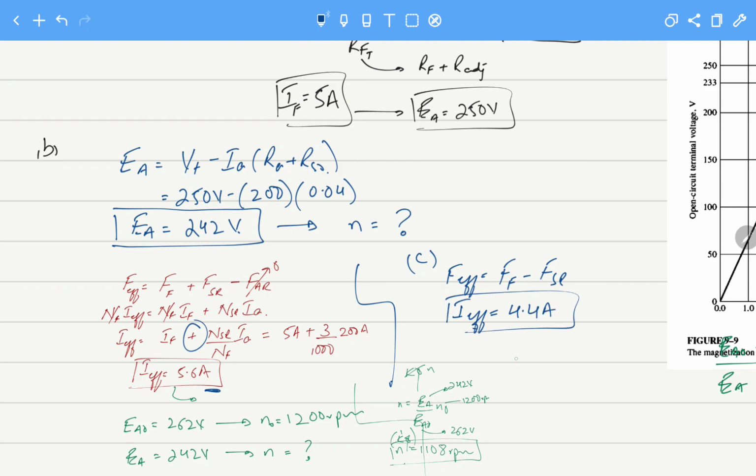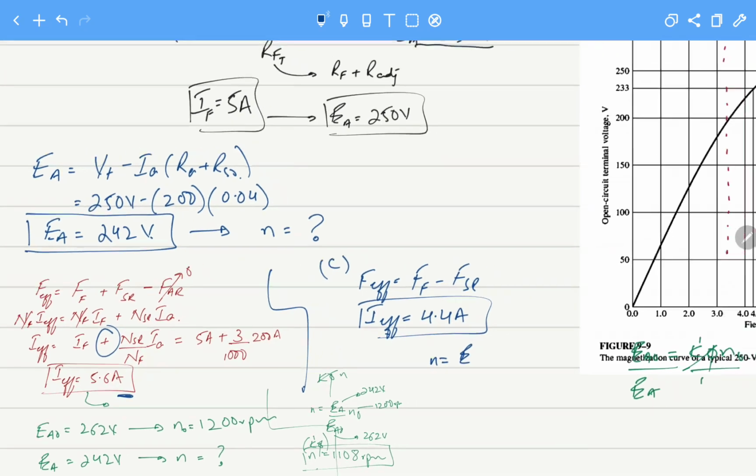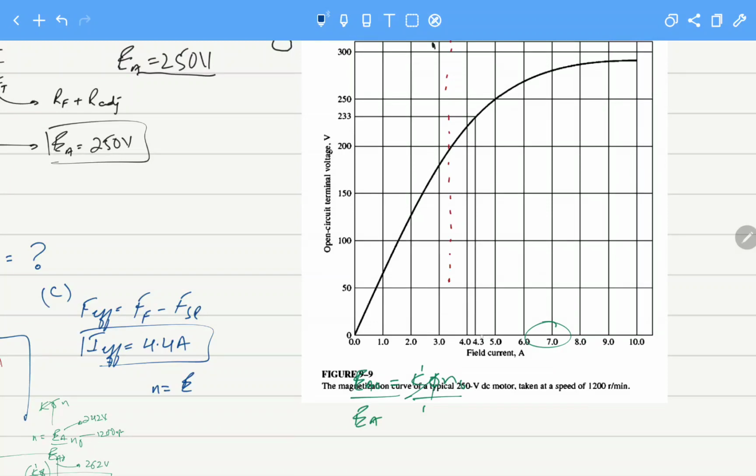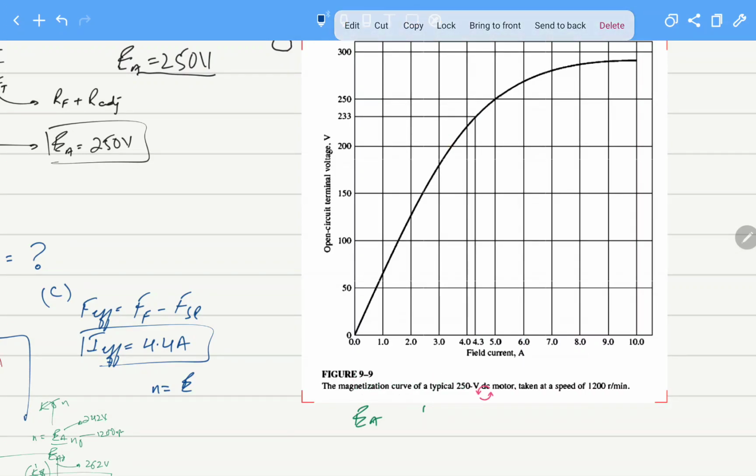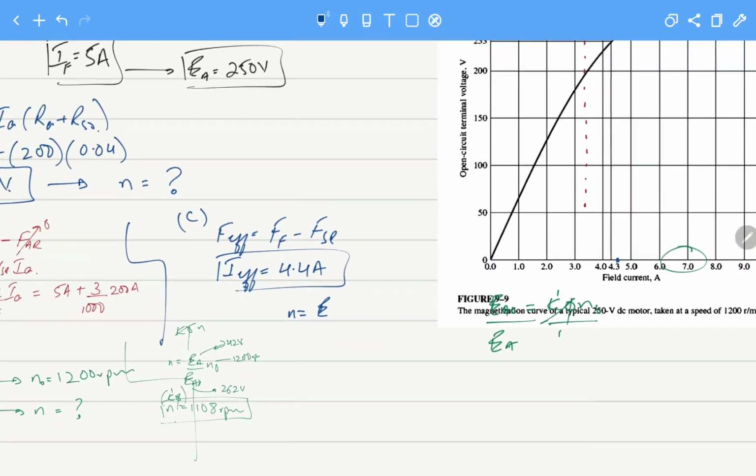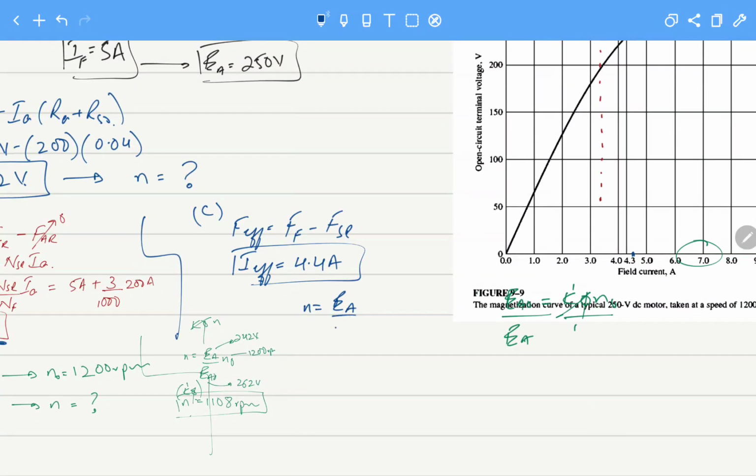And like the previous method, when we perform the comparison and we go here and look for 4.4 amperes, we can find that EA naught will be around 236 volts. So this will be EA over EA naught times N naught.